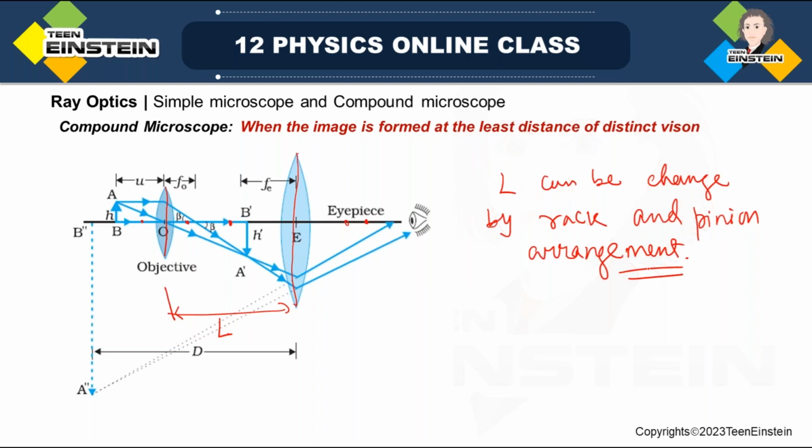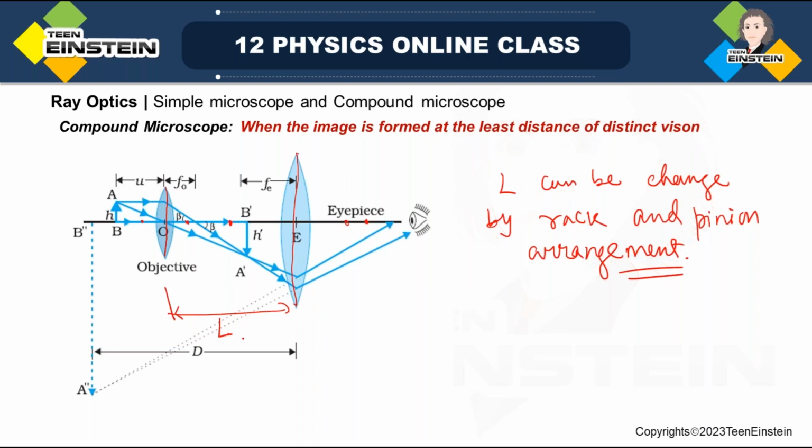So what is this length? It is the length of the tube, called the length of the microscope, or tube length, the distance between the objective and eyepiece. This is tube length L.